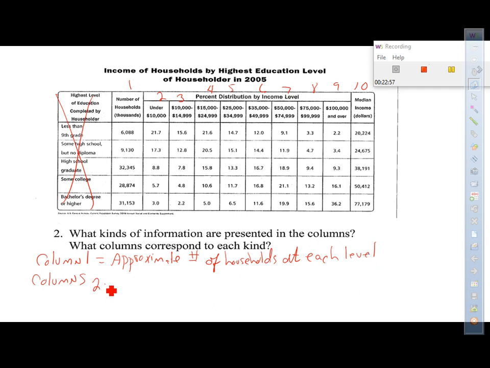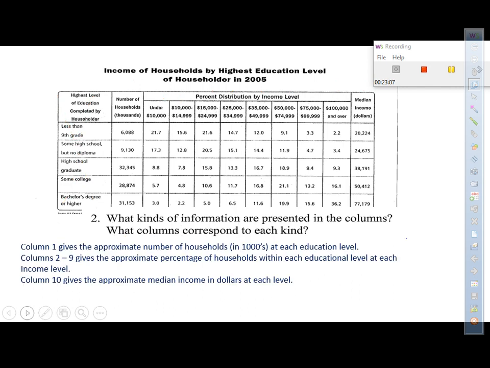Columns 2 through 9, if you look at that information, all of these represent a percentage. So columns 2 through 9 give the approximate percentage of households within each educational level.